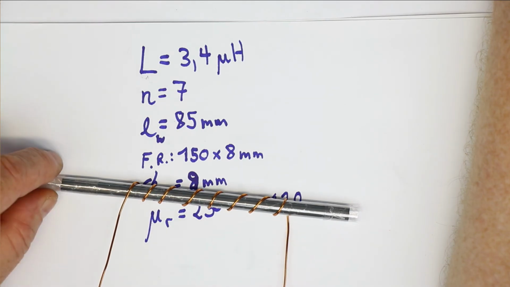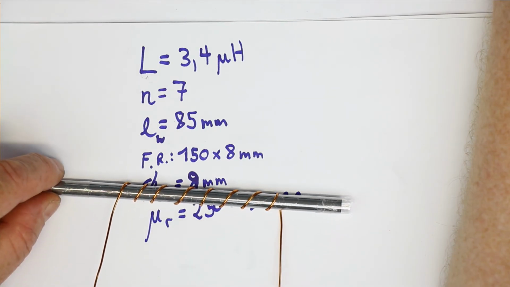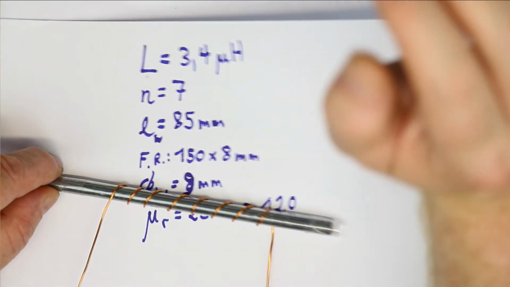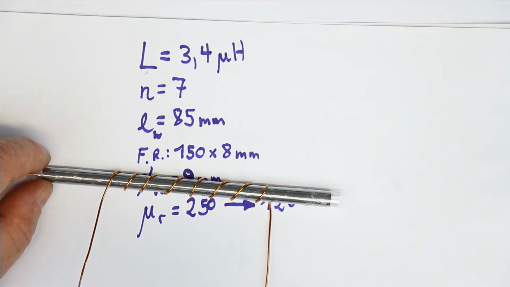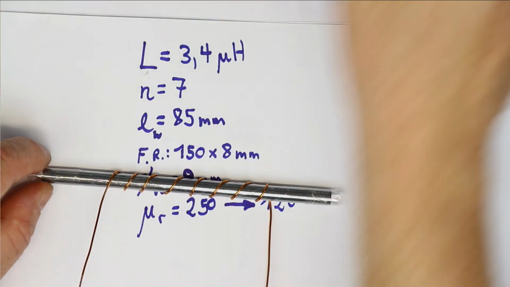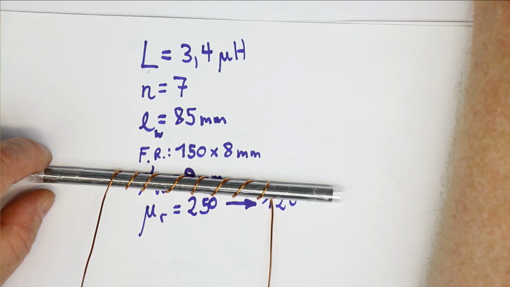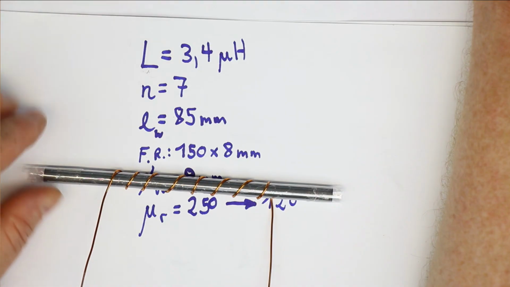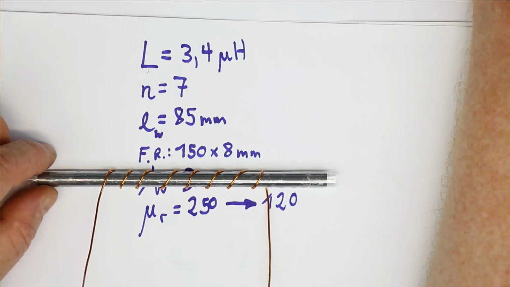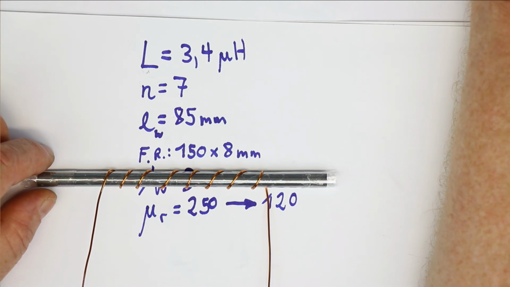But the final verdict is, for ferrite rod antennas, do not use a spreadsheet or a formula to try to calculate the numbers. Make test windings and change the winding as long until you get the final desired inductance for your application.